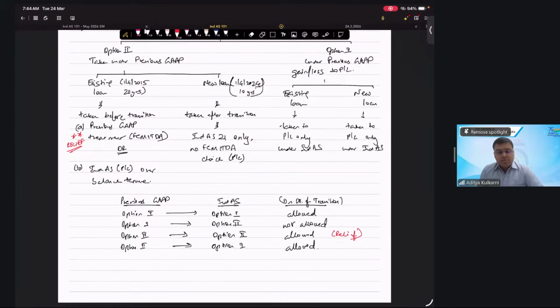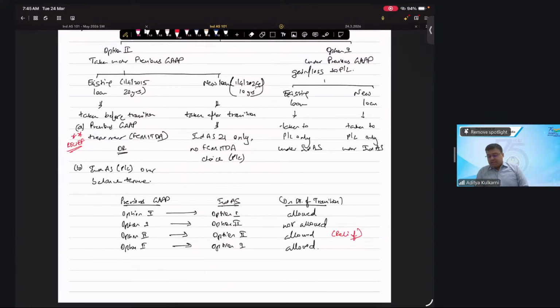Is this allowed under Ind AS 101? Yes, sir. Now, in the first case, you have taken the forex gain or loss to the P&L, but after transition, you want to take it to FCMITDA or capitalize. Can you do that? No, sir. No, you cannot. There is no such option, right?